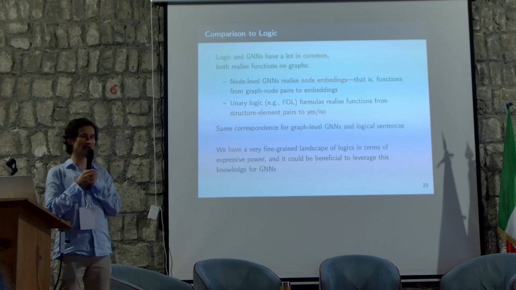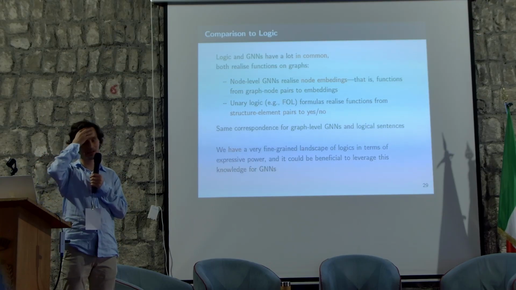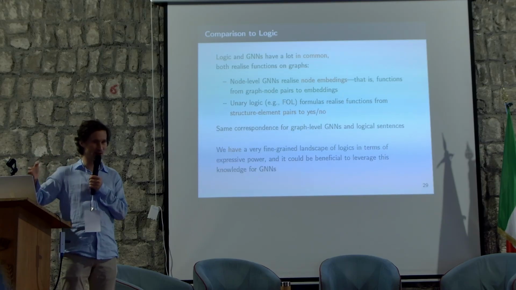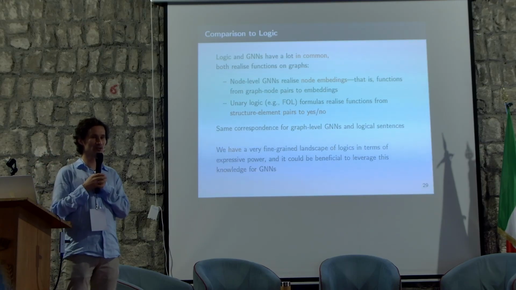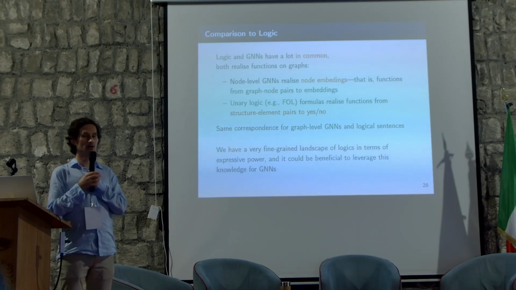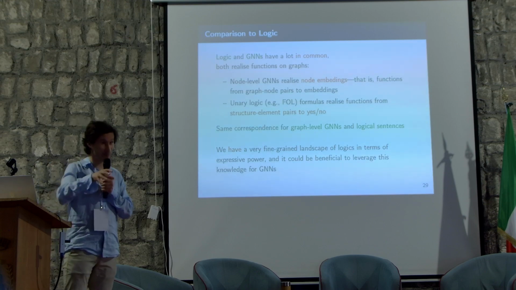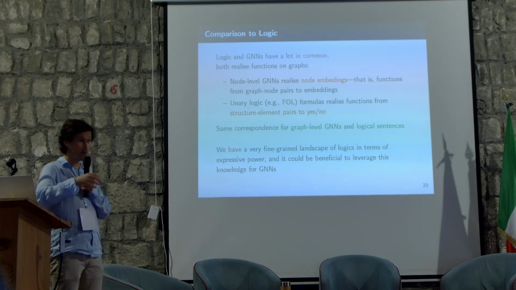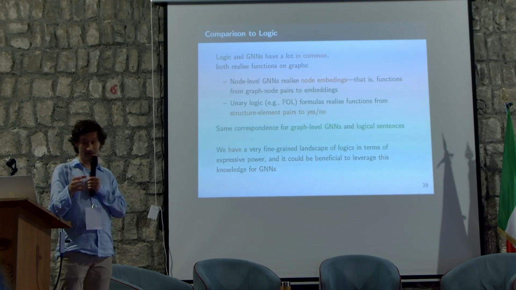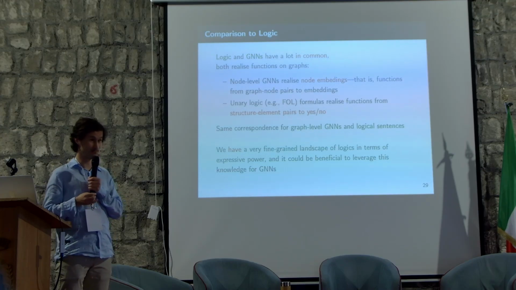But we can always represent A, B, C as position encoding, assigning to each unary predicate a position in our vector, and represent our logical structure as a graph with numeric node embeddings, like 0, 1, categorical embedding. And then, having this common ground between logic and GNNs, we can start to study the expressivity of logical formalisms, the connection of logical formalisms to GNNs, right?